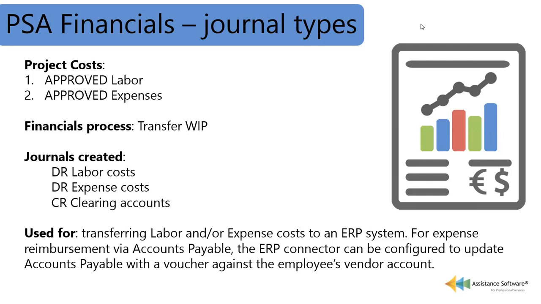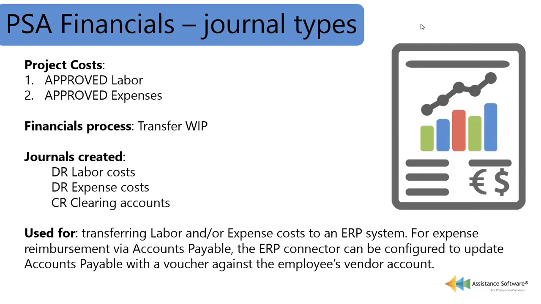If you needed to extract that data and update your payroll provider, because the payroll provider actually pays expense claims as well, then you have the ability to do so by extracting that type of data.